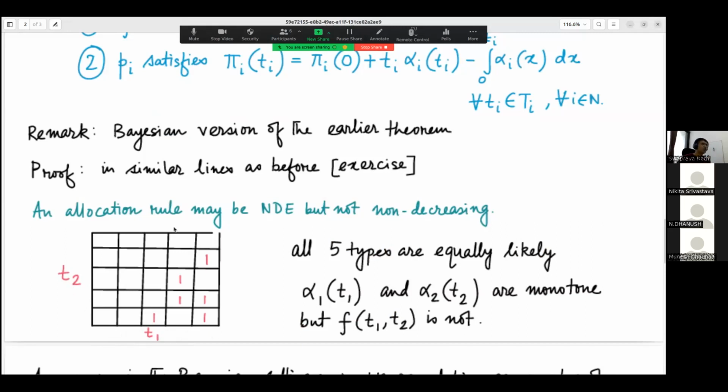Let me just redraw this example in my Jamboard so that I can explain it well.